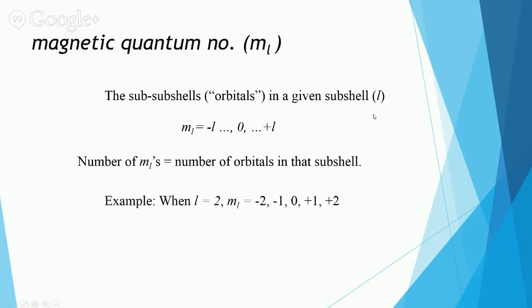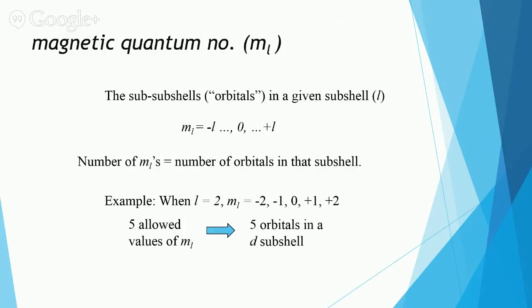So for example, let's say you're looking at the D subshell, where, and again, D is the letter we assign for L equal 2, the M sub L values are negative 2, negative 1, 0, plus 1, and plus 2. So you have 5 allowed values of M sub L. What that means to us is that there are 5 orbitals in a D subshell.